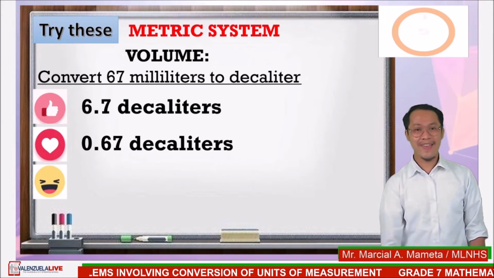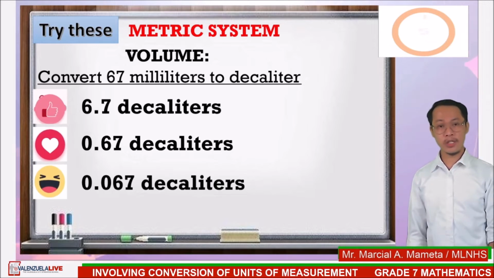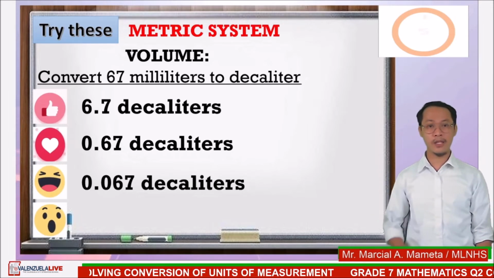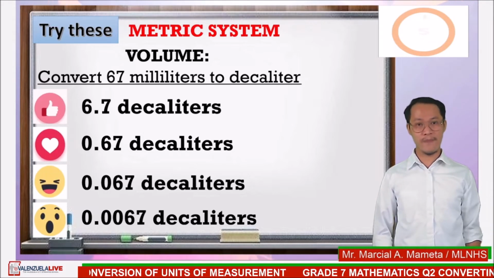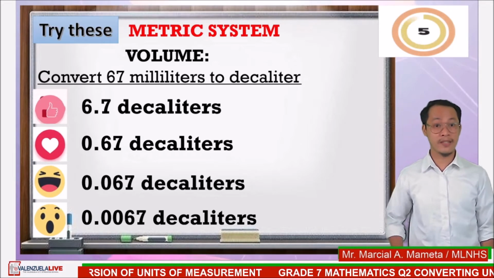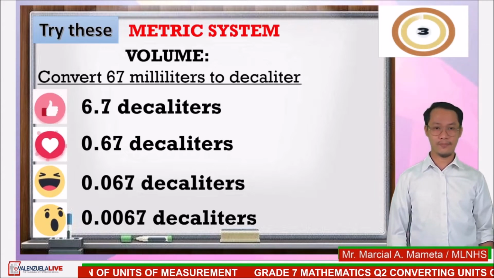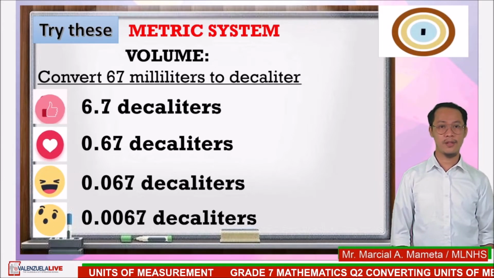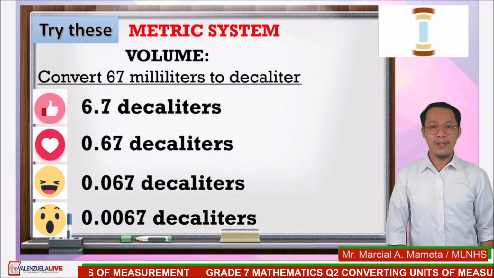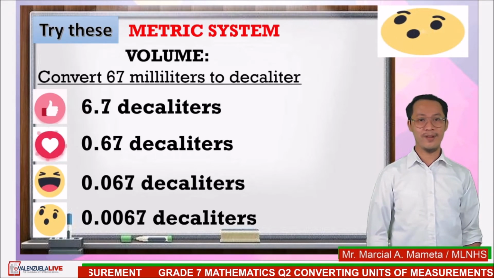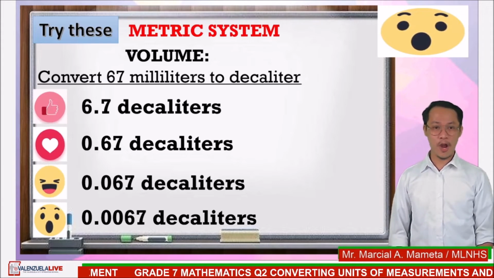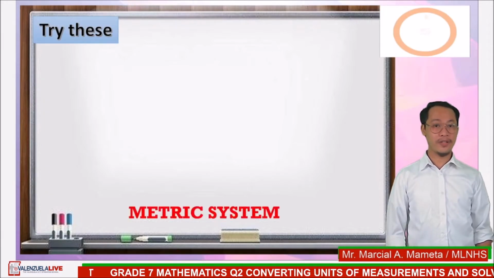Hit haha if your answer is 0.067 decaliters, and hit wow if your answer is 0.0067 decaliters. 5 seconds. Time is up. The correct reaction button is the wow button. Good job.